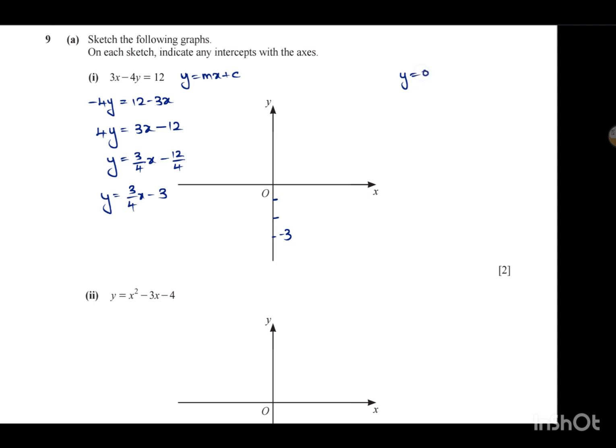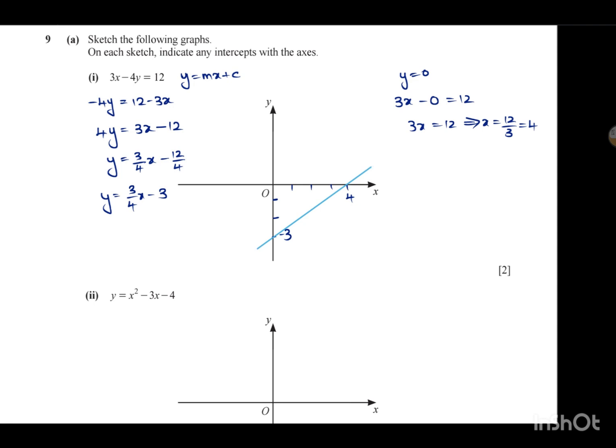If I substitute, 3x minus 0 is equal to 12, 3x is equal to 12, x is equal to 12 by 3, which is 4. So on the x-axis, 4 will be the x-intercept. Now take your ruler, draw a line in this way, and this is the graph for the given equation.